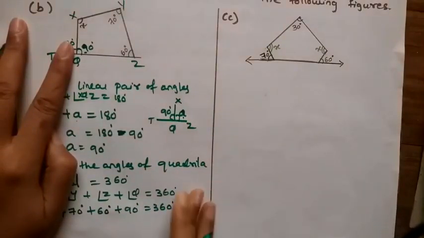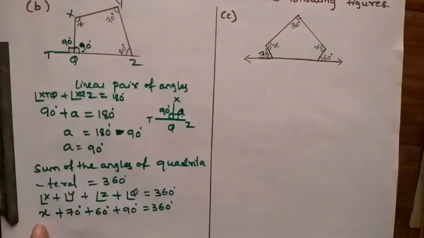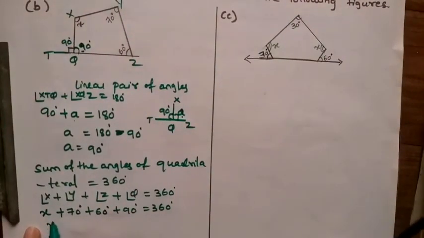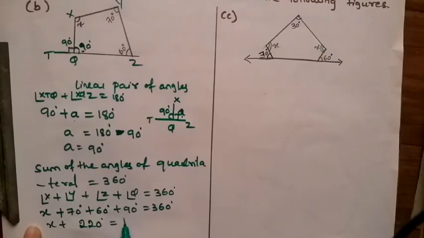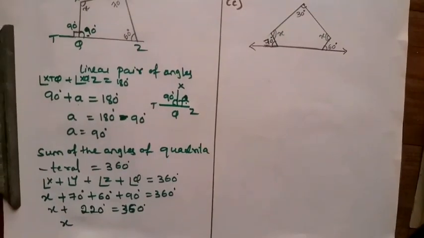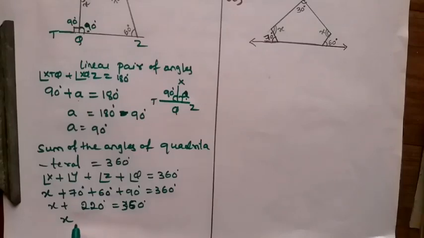360 degrees. Next, keep X as it is. Here we have to add these constant degrees: 70 degrees plus 60 degrees plus 90 degrees is 220 degrees, which is equal to 360 degrees. Now keep X as it is. Here 220 degrees is the constant number.